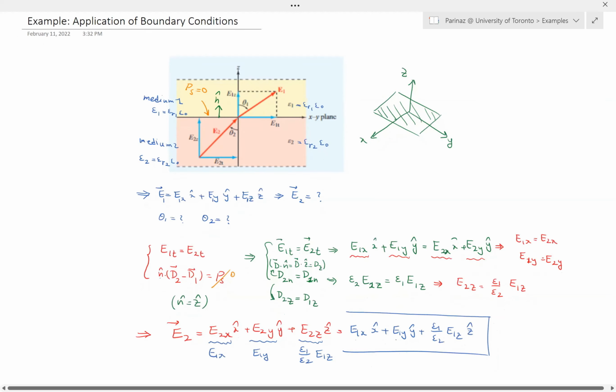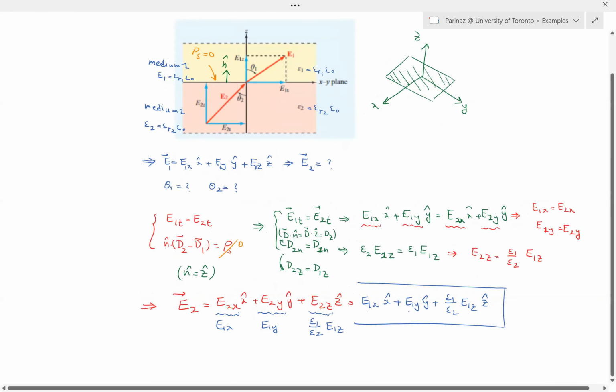Now let's find out what angle theta 1 and angle theta 2 are. If you look at it here, tangent of theta 1 is going to be the amplitude of E1t over the amplitude of E1z, right? What is the amplitude of E1t? It is the amplitude of this vector, E1x x hat plus E1y y hat.